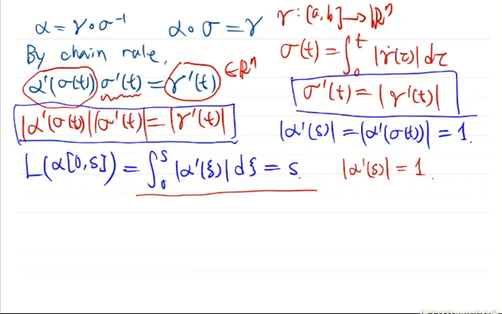So this means a parametrization is parametrized by arclength if and only if the norm of the derivative is 1 at all but finitely many t.